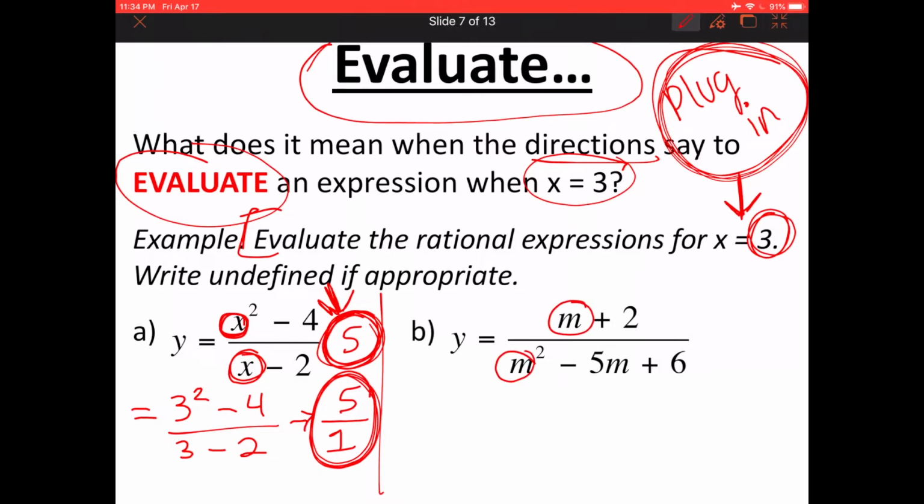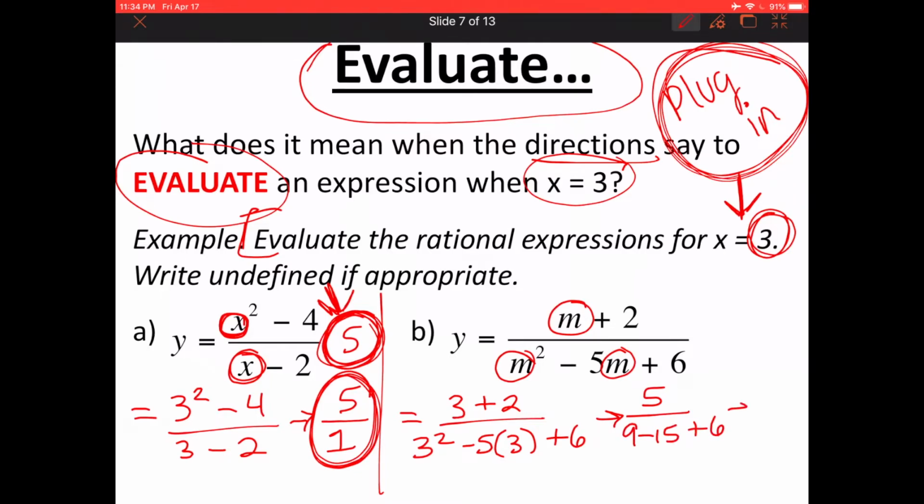Again, everywhere that I see a variable, I'm going to put in 3. So I'm going to have 3 plus 2 over 3 squared minus 5 times 3 plus 6. Okay? And that ends up giving me 5 over 9 minus 15 plus 6. And what does 9 minus 15 plus 6 give me? 5 over 0.